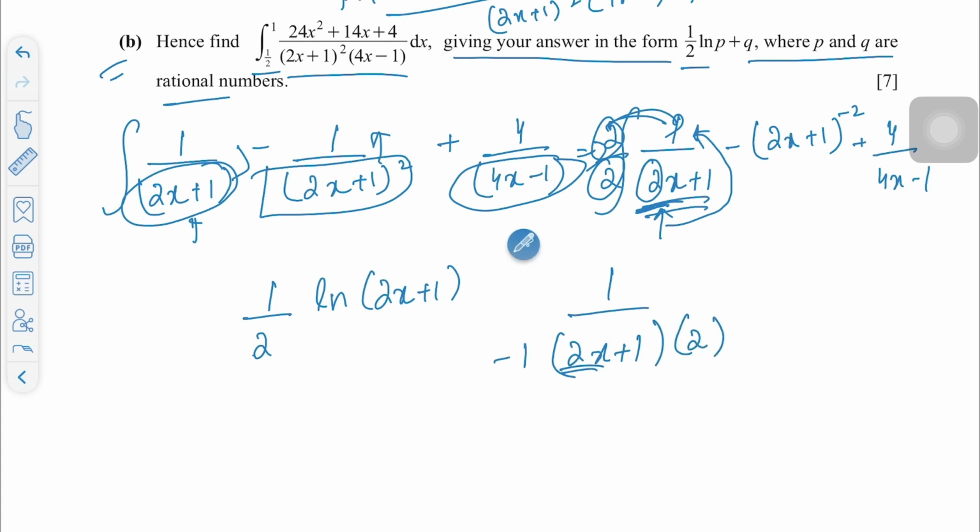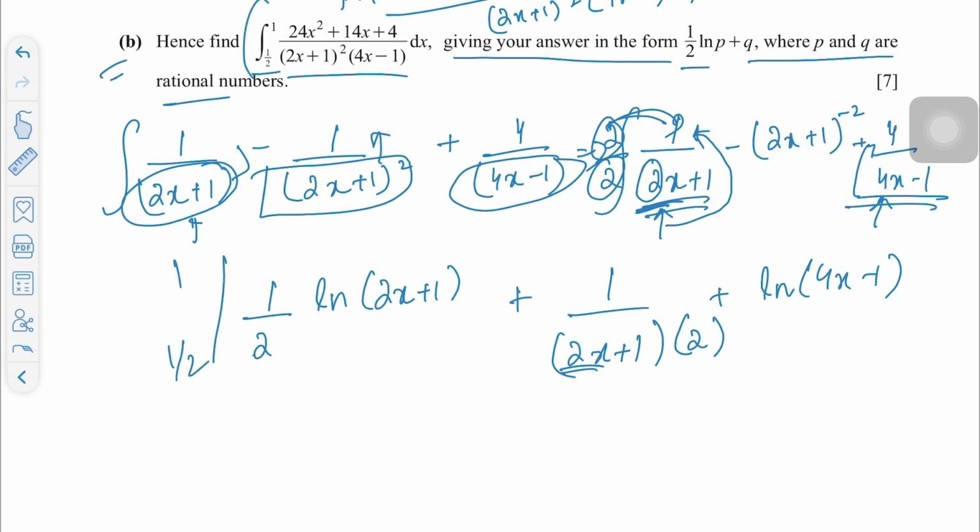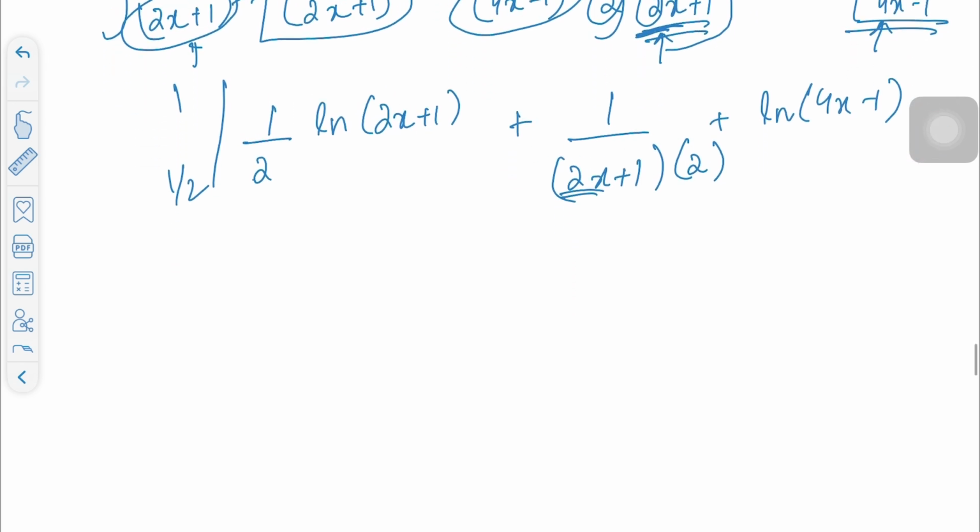This was negative over here, so this negative 1 and negative would be multiplied to get our answer as positive, right? And then this 2 would be multiplied. Let's just keep it over here. So this would be ln, we have our differentiation above, so this would be simply ln(4x minus 1). We have to apply the limits of 1 and 1 upon 2, since it was given in our original question. Let's just apply the limits.